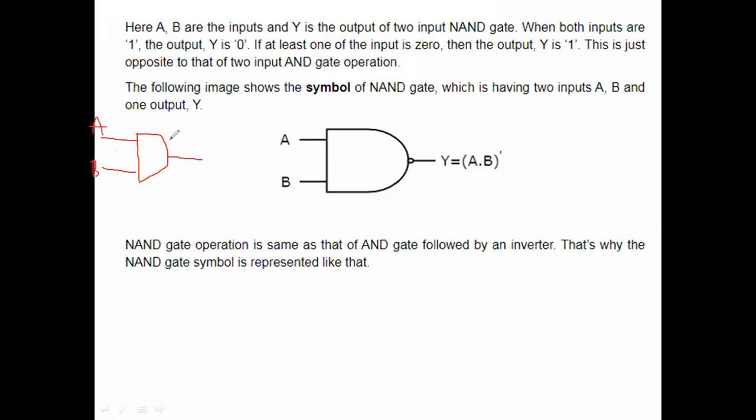So what is the output here? Y is equal to A dot B. For this output, we are adding the NOT gate.